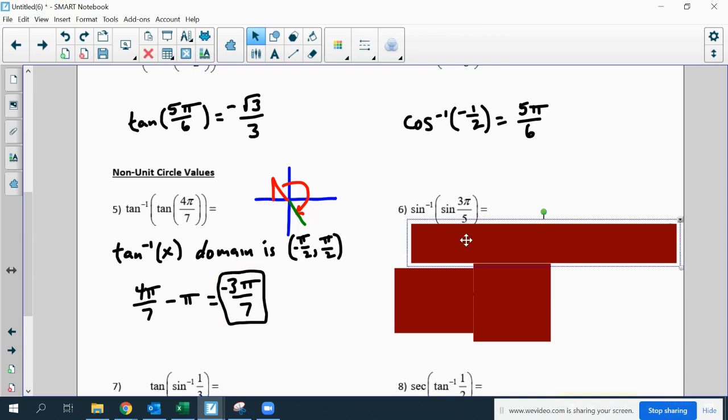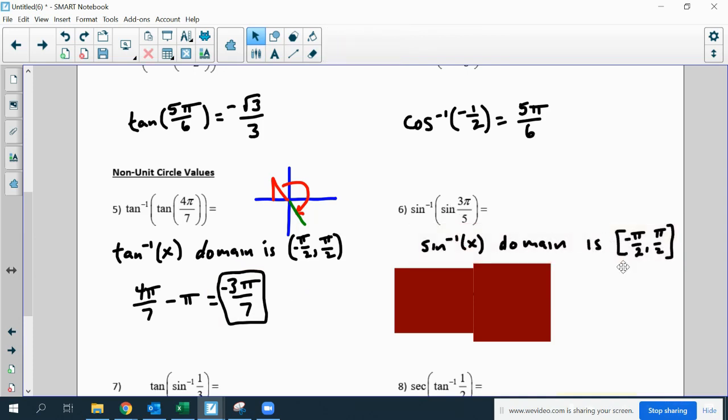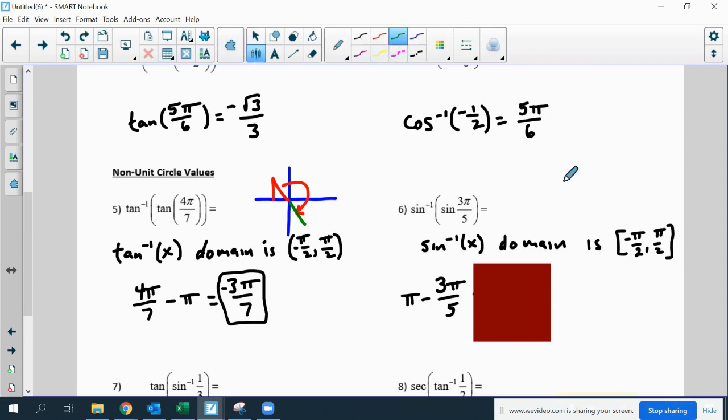For sine, the range of sine inverse is negative pi over 2 to pi over 2. Sine of 3 pi over 5 is once again in the second quadrant. It's slightly bigger than pi over 2. But in the case of sine, sine is positive in the first and second quadrants.